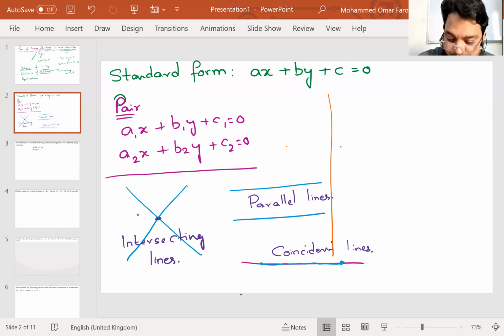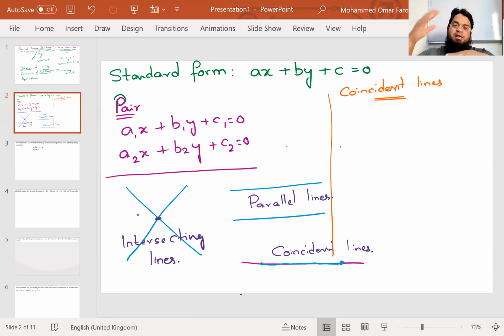So the first one, when we talk about coincident lines, when the two lines are coincident, what happens, my dear students? Since one line is above the other, the two lines are made up of the same points. So that means the ratio of coefficients of x is equal to the ratio of coefficients of y, which is also equal to the ratio of constants.